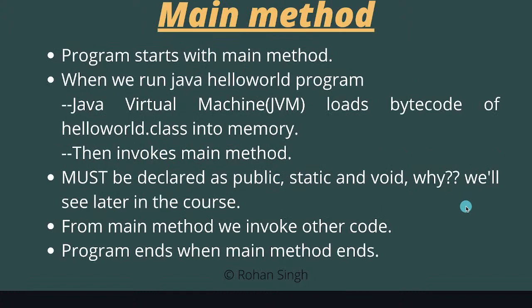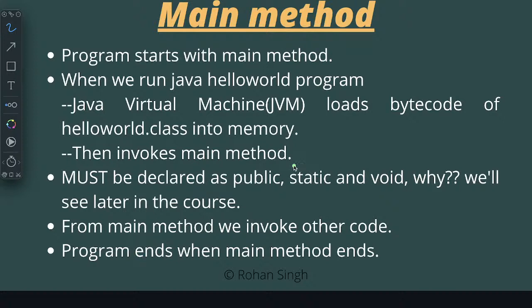We have already discussed the main method, and once again I'll give you a quick starting point to our program. The program ends when the main method ends, and whenever we run a program, the main method is invoked. The JVM always looks for the main method, and only the instructions given inside the main method get executed.